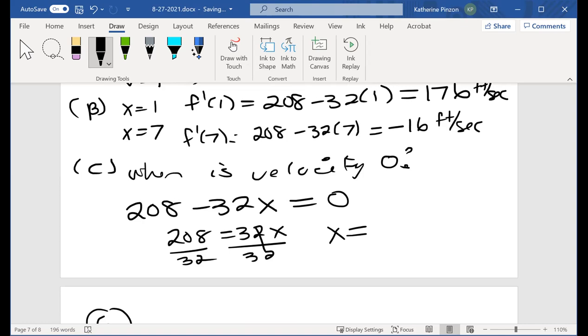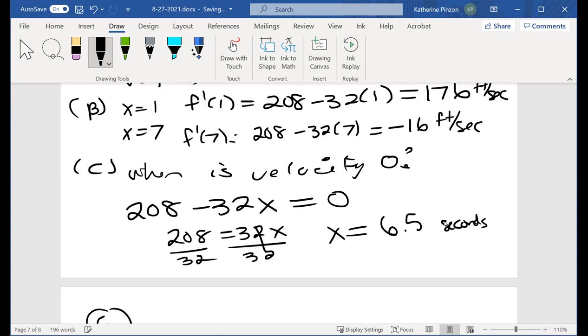6, 180, 192, 7. 7 was too big. Somewhere between 6 and 7. What number do you get here? 6.5 seconds.